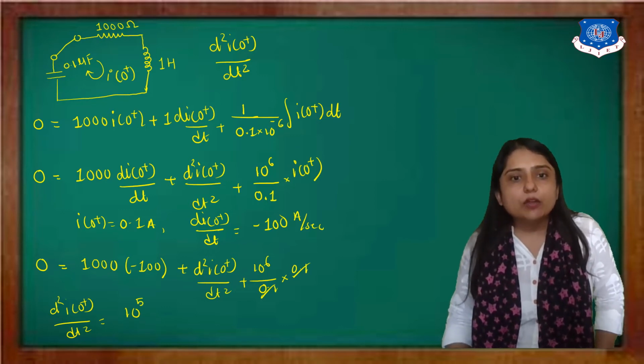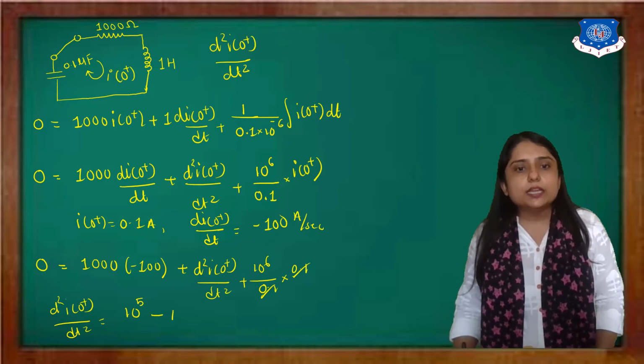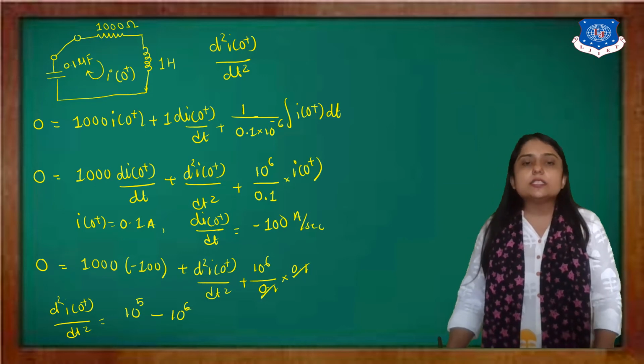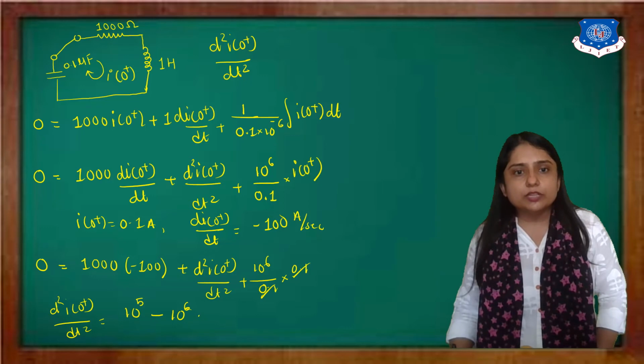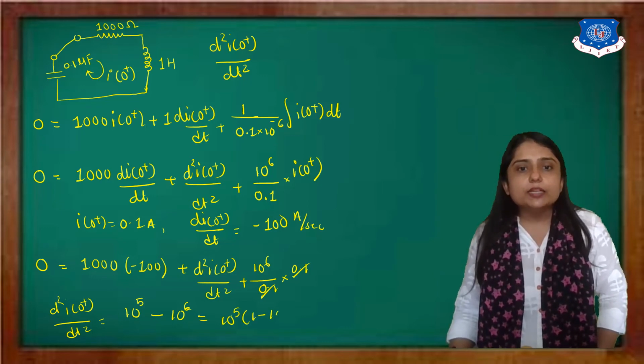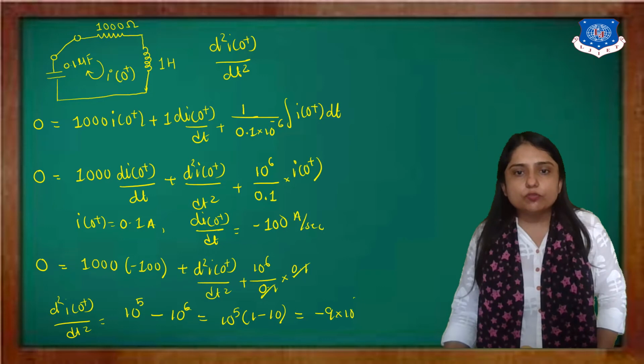And here what we have is 10 raised to 6, so it's minus 10 raised to 6. To solve this, take 10 raised to 5 common: 1 minus 10, which equals minus 9 times 10 raised to 5.